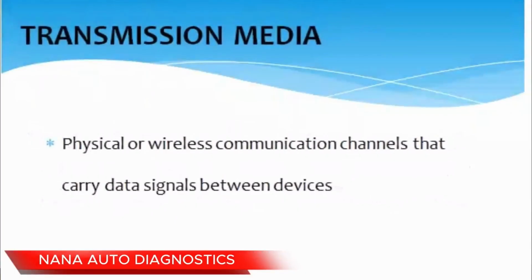The next terminology that we shall look at is the transmission media, and this is defined as a physical or wireless communication channel that carries data signals between devices. Now, this transmission media may be wired, or some of you know it as being a guided media. In other words, it uses physical wires to relay information from one module to another.